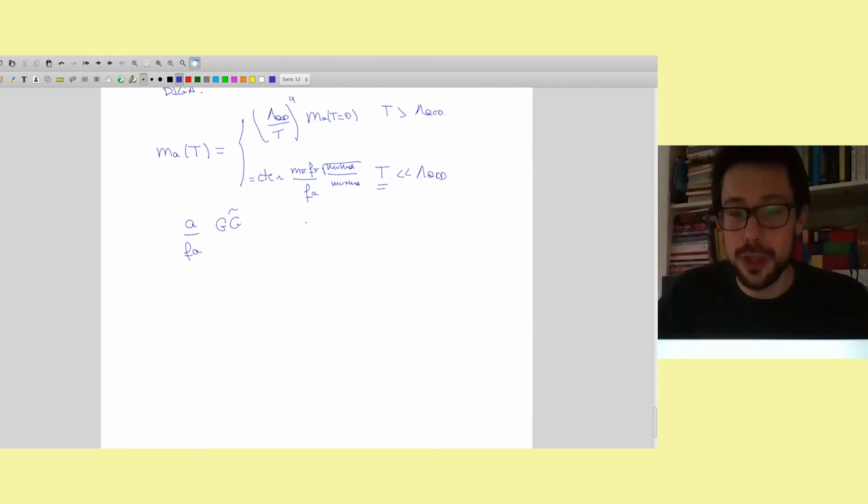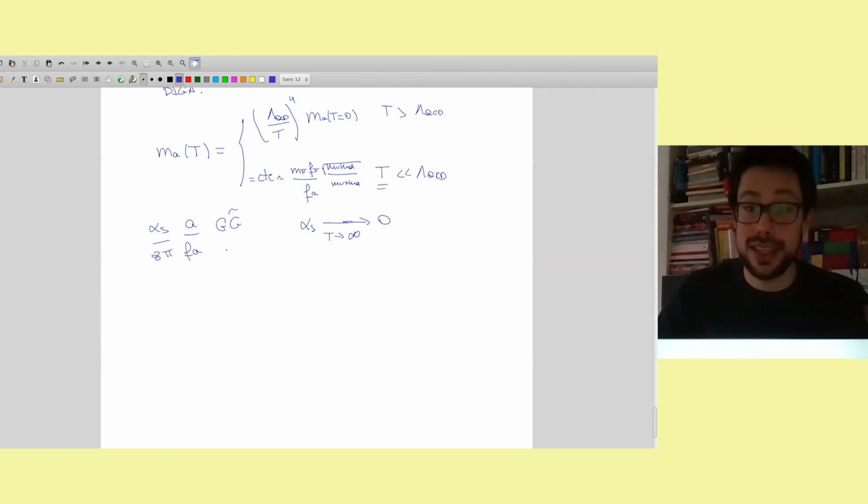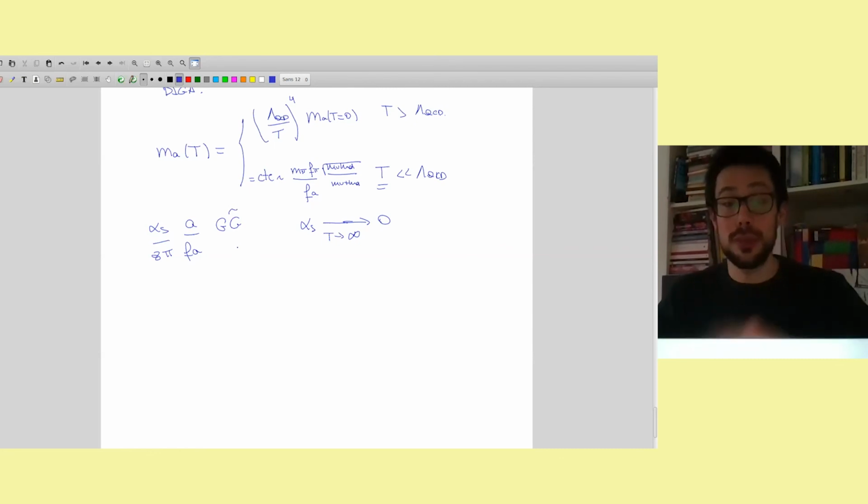The reason is that we know that alpha S for temperatures going to infinity goes to 0, right? And here we have the alpha S, right? This is why for large temperatures, the axion mass becomes smaller and smaller, because QCD becomes more and more weakly coupled. And this is why for high temperatures, we have a smaller mass of the axion, while at low temperatures, at the end, we have the confinement of QCD, right?